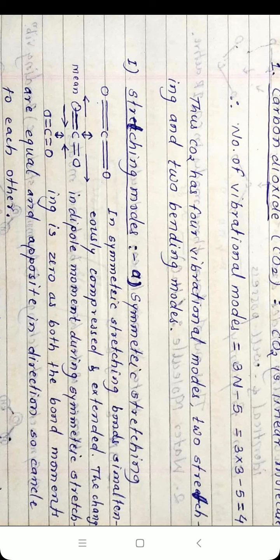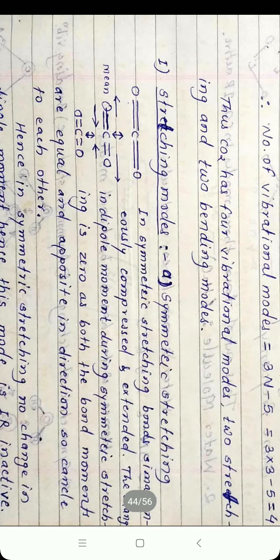then there must be four signals in the IR spectrum of CO2. It is expected, but actually the IR spectrum of CO2 shows only three signals, which indicates that out of these four modes, one mode is IR inactive.